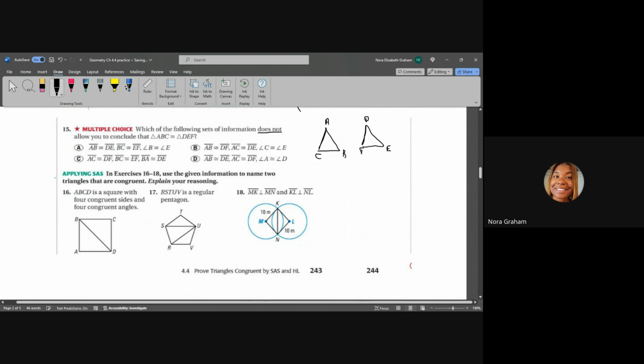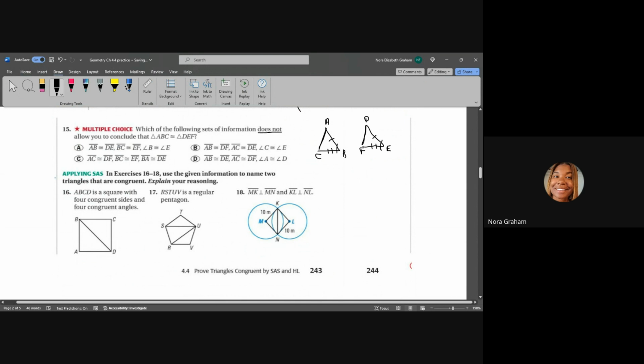All right, so let's go ahead and start plugging and checking these in. Let's start with A. They said AB is congruent to DE. Okay, let's note that down. Then they also have BC is congruent to EF. Okay, let's write that down. And then they also have angle B congruent to angle E. We have this right here.